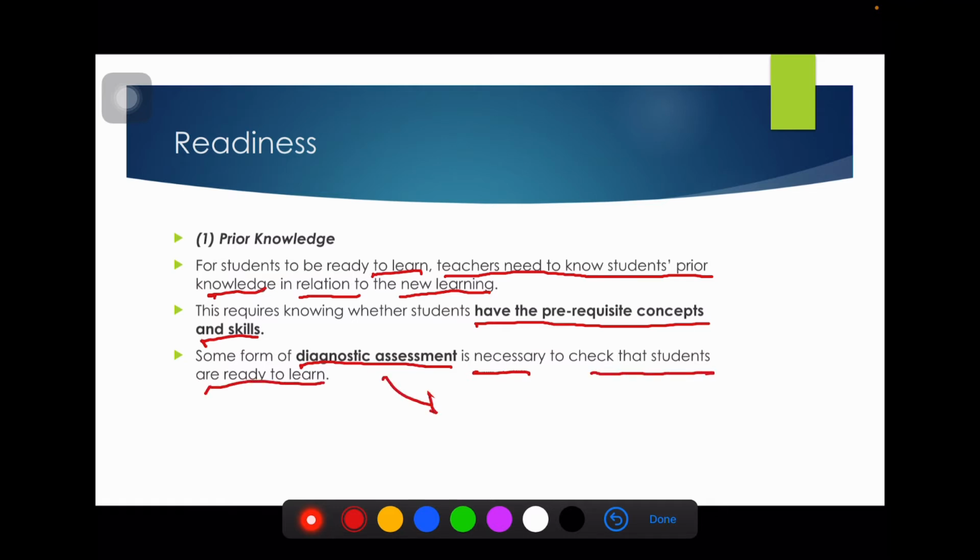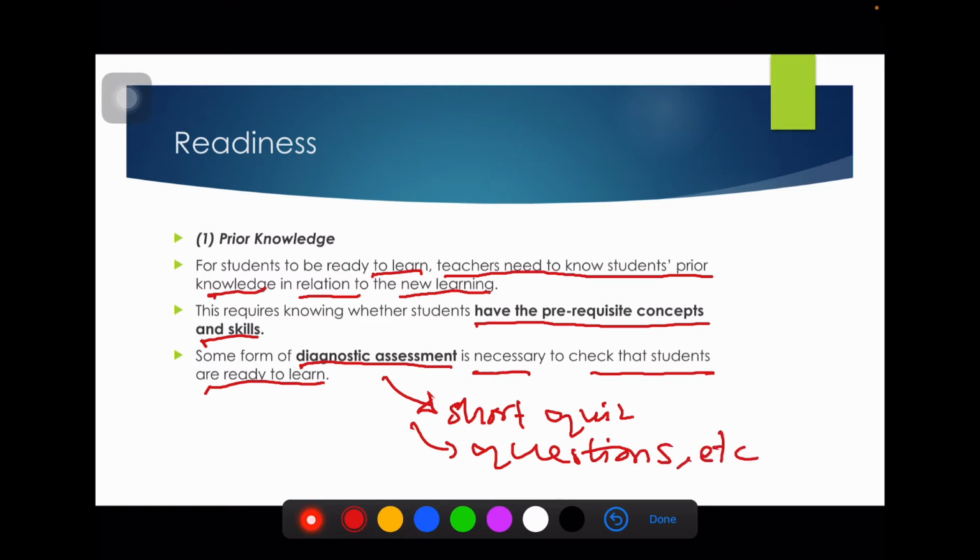Now, diagnostic assessments could be like a short quiz, okay, or questions that you ask. So all these actually points back to the students' prior knowledge.